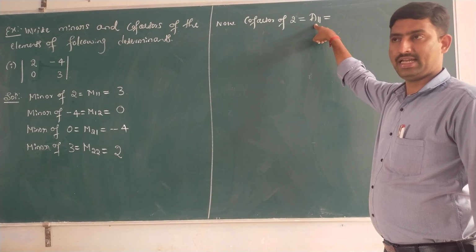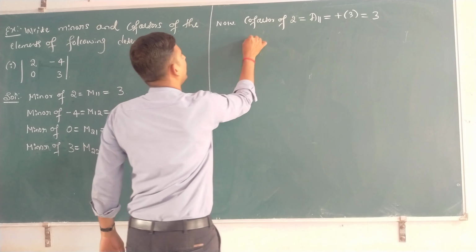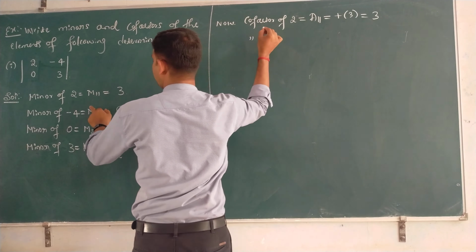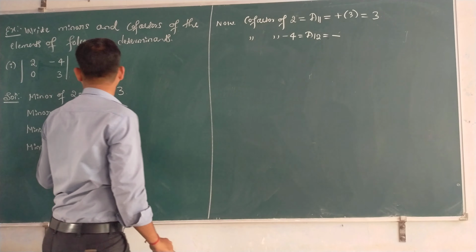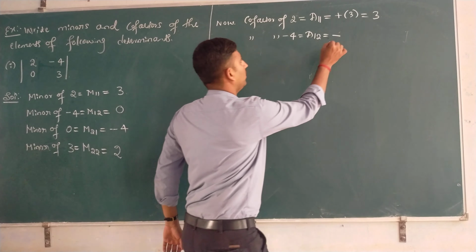Cofactor of 2 is A11, which is plus into 3, which is 3, because this is a plus place. Cofactor of minus 4, which is A12, is in the minus place, so it is minus of 0, which is equal to 0.